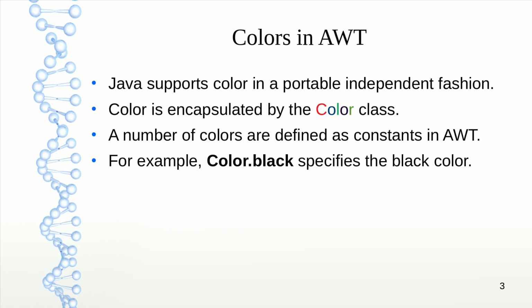This is a special class in AWT that has immense features. In AWT, a number of colors are defined as constants. For example, Color.black or Color.red represent their respective colors.